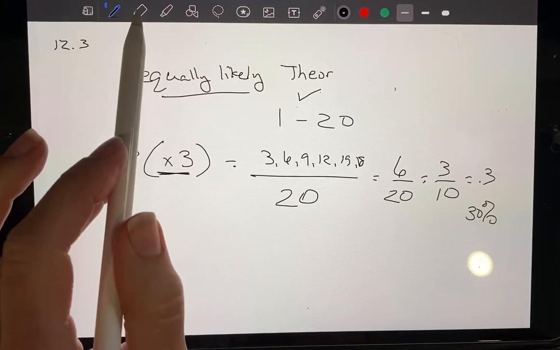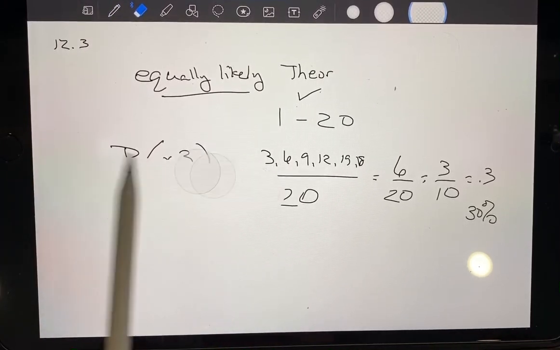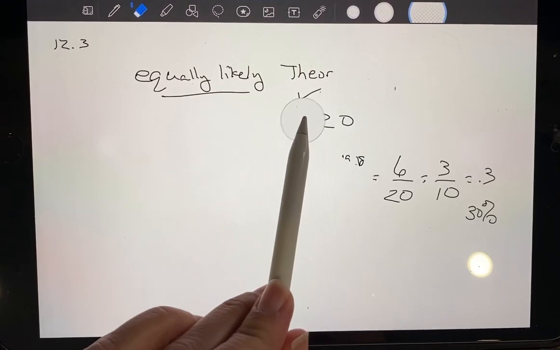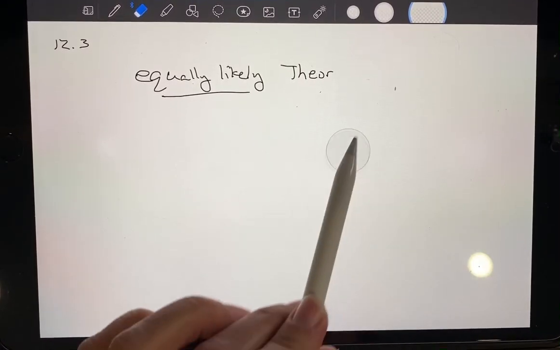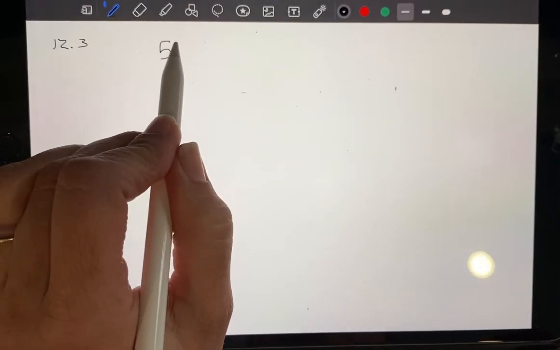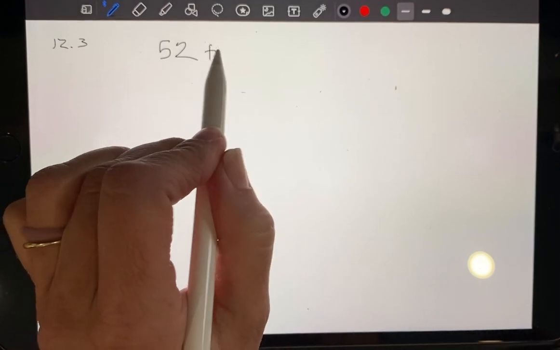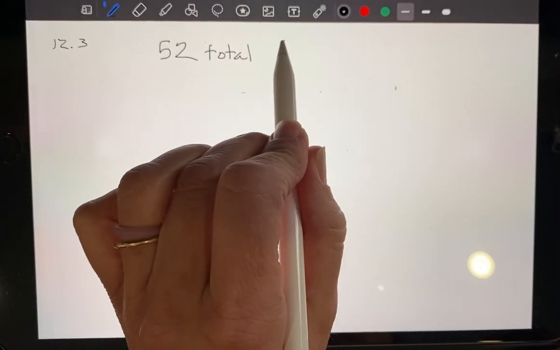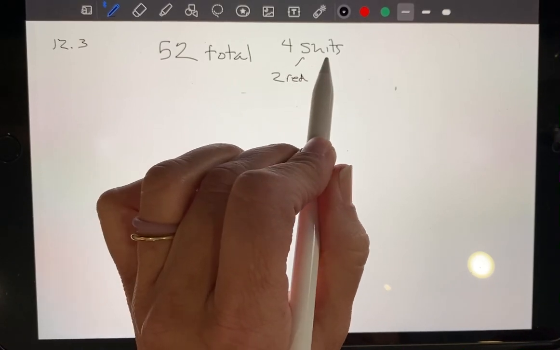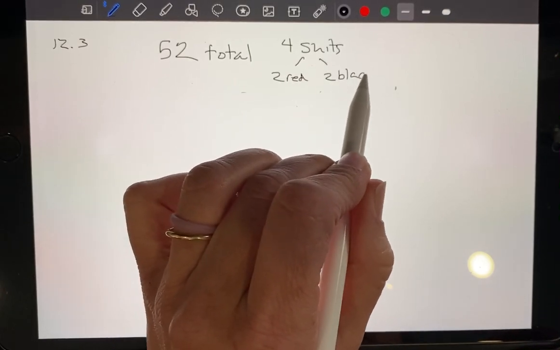Now, if I am choosing cards, 18 through 23 talks about cards. There are things that we need to know about cards. First, cards have 52 total cards. There are 4 suits, 2 red, 2 black.